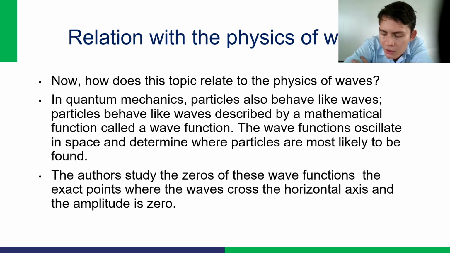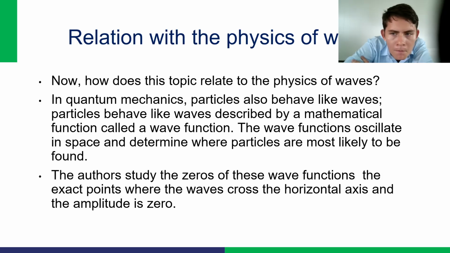Let's continue with how the article is related to the physics of waves. Now, how does this topic relate to the physics of waves? In quantum mechanics, particles also behave like waves.